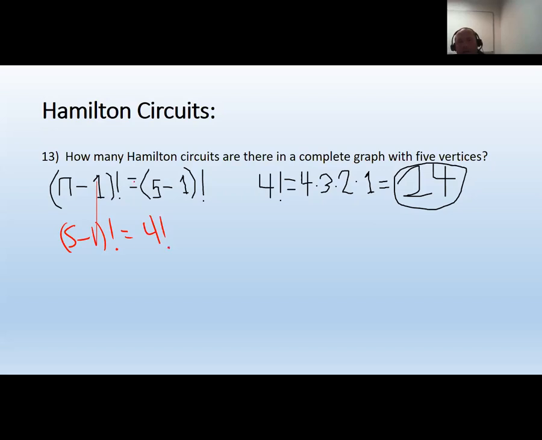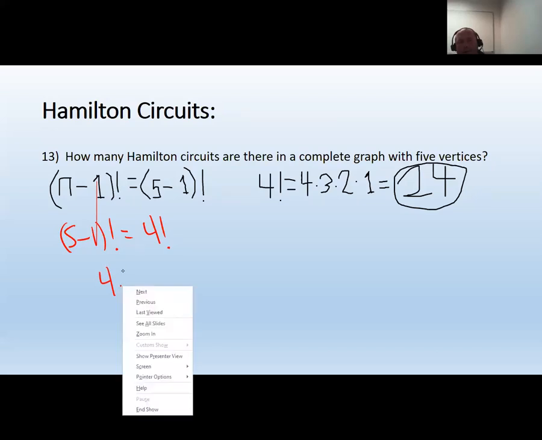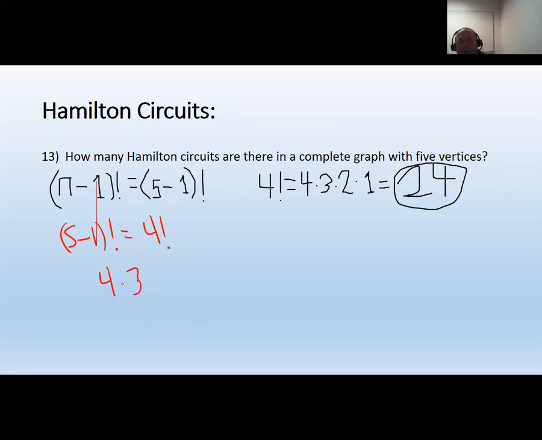And 4 factorial is basically taking the number 4 and then multiplying by its next lowest number, which is 3, and then all the way on down to 1. So 3 times 2 times 1. Now 4 times 3 times 2 times 1 is 24 would be your result there. So does anybody have any questions on that one?